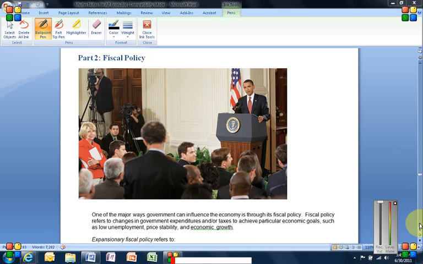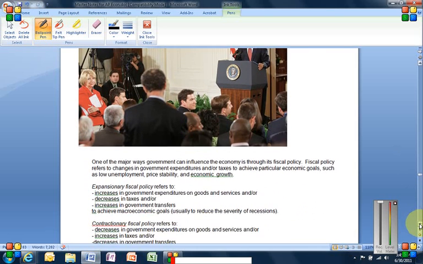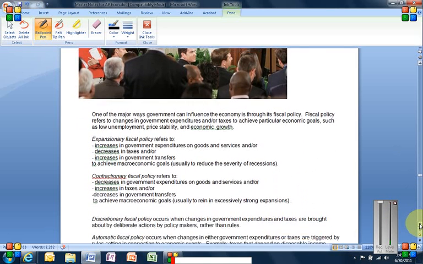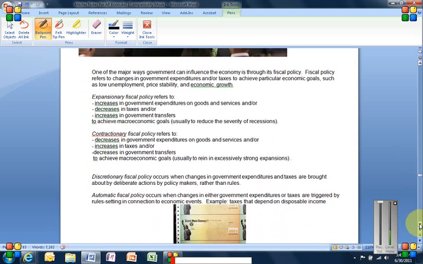So the government tries to do this through fiscal policy, and the whole point, of course, is to achieve particular economic goals, such as relatively low unemployment, price stability, and economic growth.